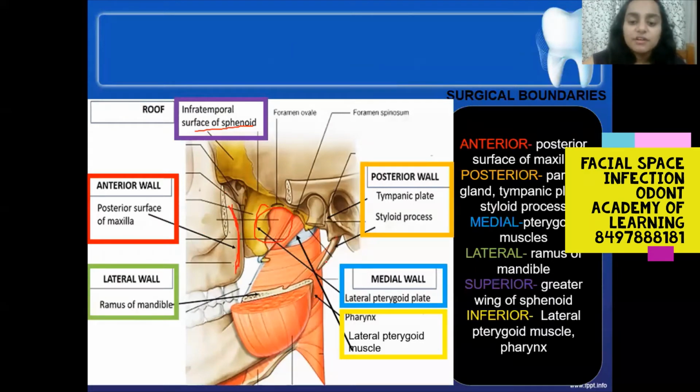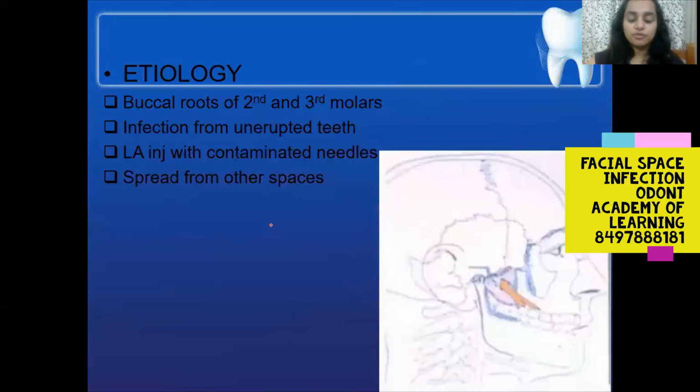Posteriorly, we have the styloid process as well as the tympanic plate. Laterally, we have, of course, the ramus of the mandible. And medially, we have the lateral pterygoid plate. So these are the surgical boundaries.